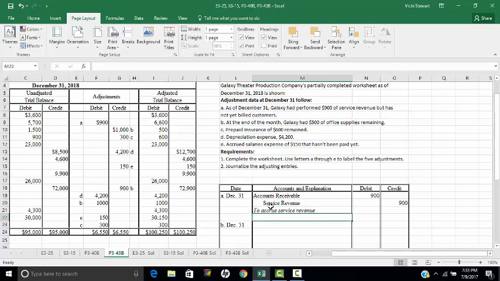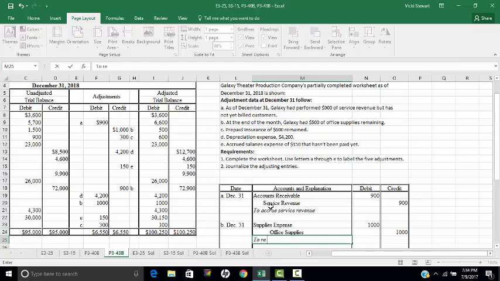Our next entry was the one where we did the office supplies, and we debited supplies expense for $1,000, and we credited office supplies for $1,000. And our explanation for that would just be to record office supplies used.